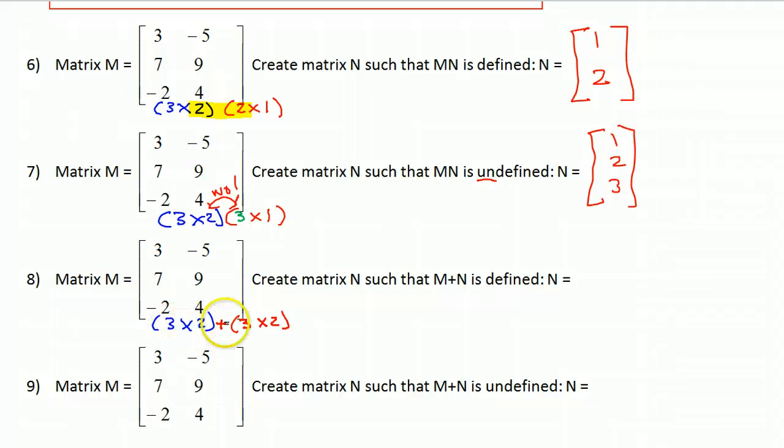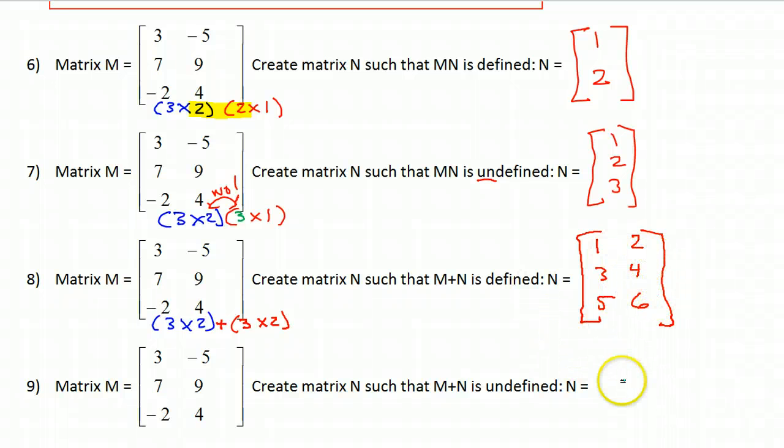You can only add if the dimensions are exactly the same. So I need another 3 by 2 matrix this time. For example, 1, 2, 3, 4, 5, 6. Boom. Any 3 by 2 matrix would work.